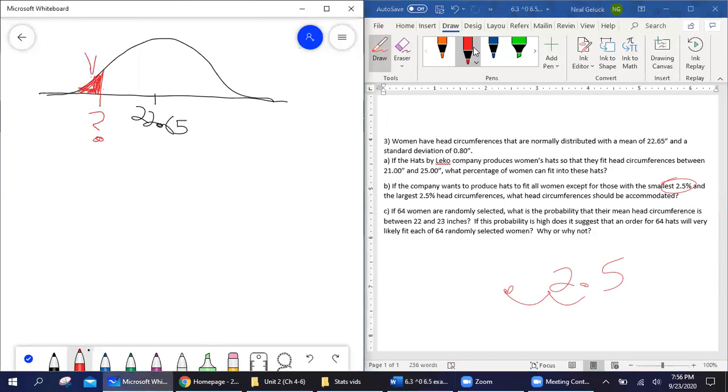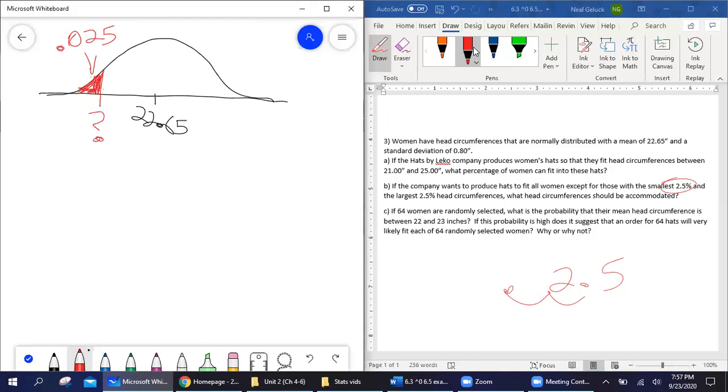The area over here would be 0.025. Remember, this is one of these backwards ones where we have to go into the body of the z-score table and find the z-score that has an area of 0.025.